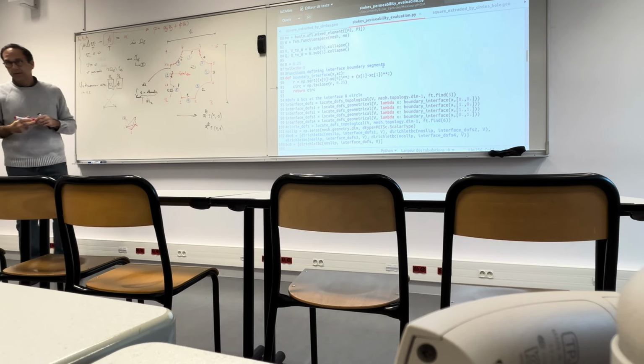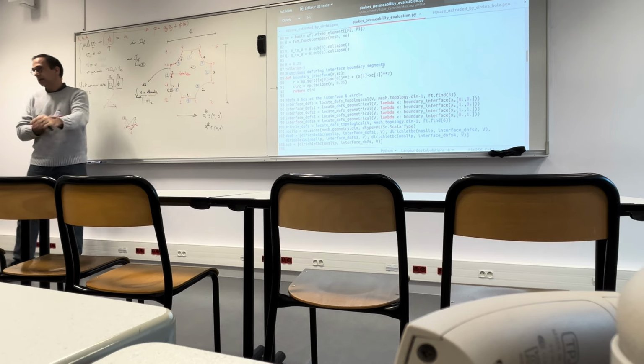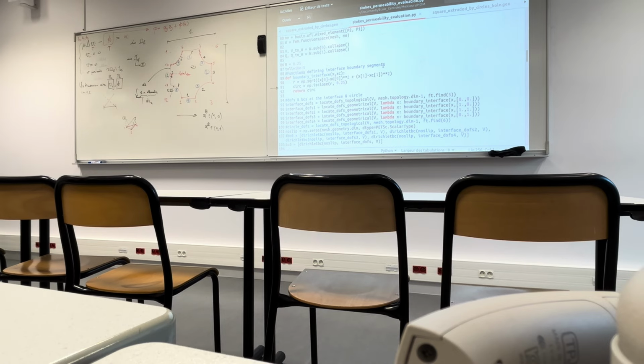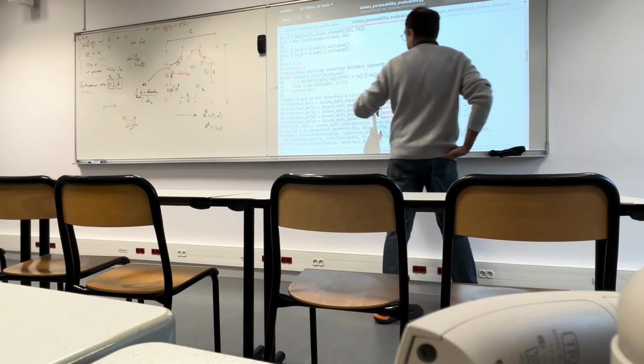So it's a list of nodes with the corresponding degree of freedom relative to the space V.